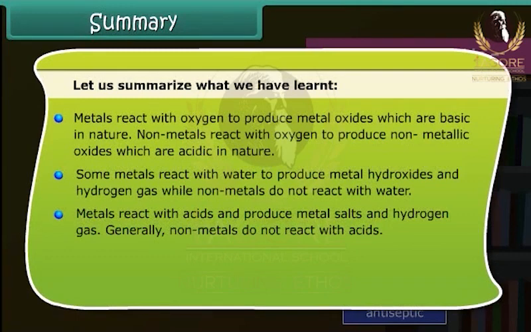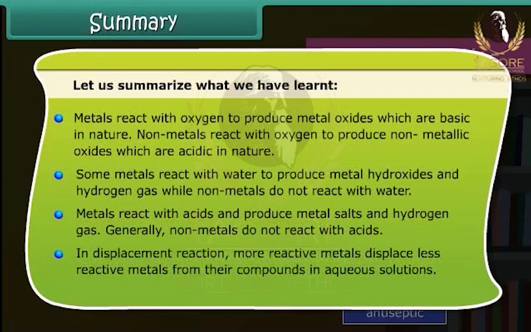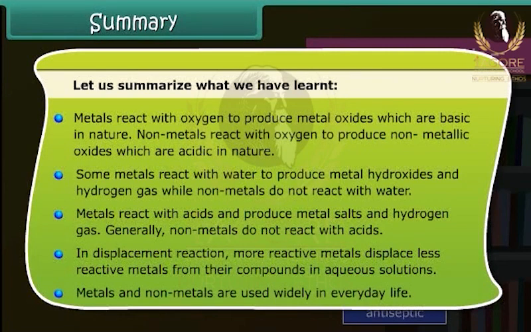Metals react with acids and produce metal salts and hydrogen gas. Generally, non-metals do not react with acids. In displacement reactions, more reactive metals displace less reactive metals from their compounds in aqueous solutions. Metals and non-metals are used widely in everyday life.